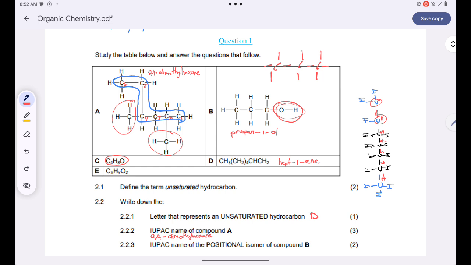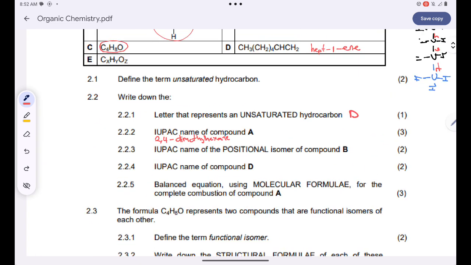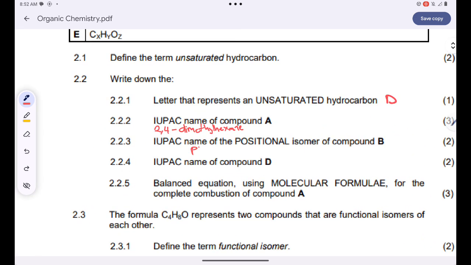Yes, you will have your hydrogens, but now the only difference is that you will place your functional group on a different carbon. Are you together? So the IUPAC name of the positional isomer, yes, the prefix is still the same, propan-2-ol, because now the hydroxide is on carbon number 2.